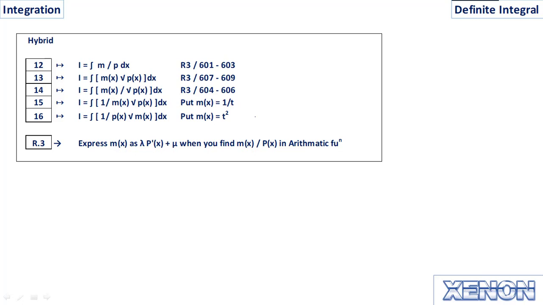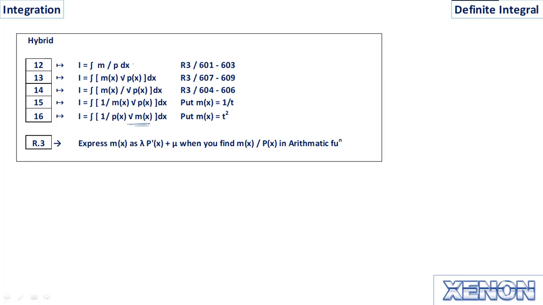Now, hybrid function. In this type of integration, we will be getting an integrand of the form of M upon P, or integrand of the form of Mx square root of Px, or integrand of the form of Mx upon square root of Px, or integrand of the form of 1 upon Mx into square root of Px, or integrand of the form of 1 upon Px square root of Mx, right?